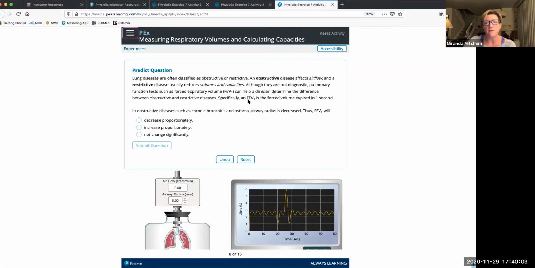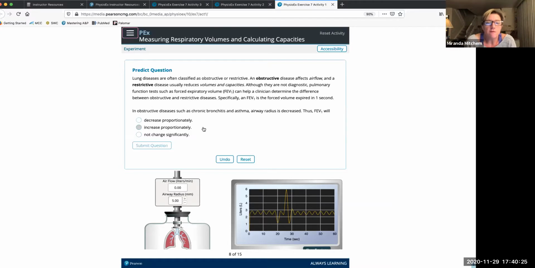Specifically, the FEV1 is the forced volume expired in 1 second. In obstructive diseases such as chronic bronchitis and asthma, airway radius is decreased. Thus, the FEV1 will decrease proportionally, increase proportionally, or not change.